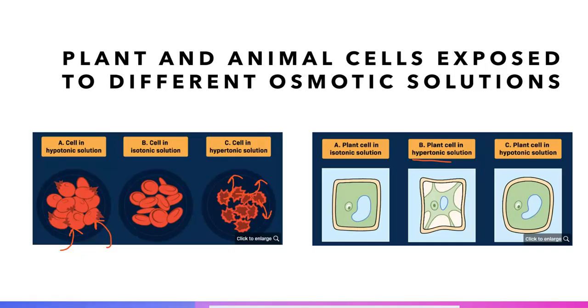The outside of the cell is hypertonic, having more solutes as compared to inside of the cell. And just like we saw with the red blood cells, water is going to exit the cell. So it's going to lose water, and this can be very deadly to a plant cell if it loses too much water.